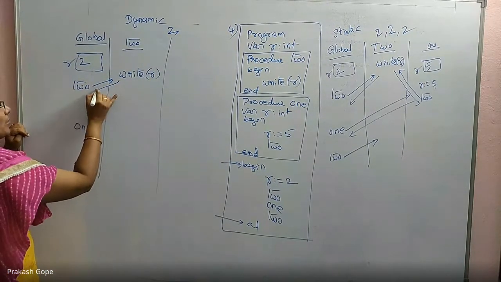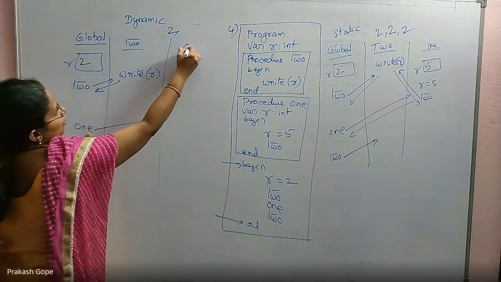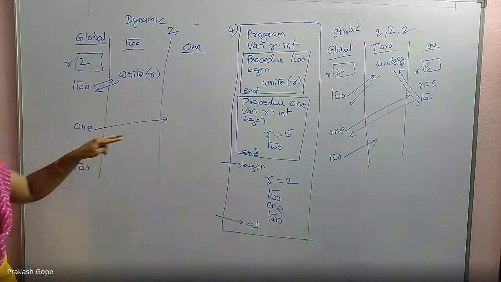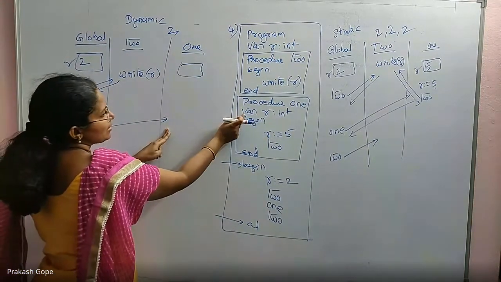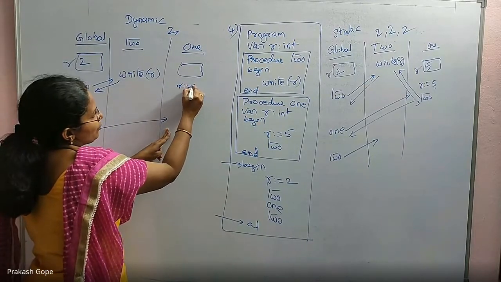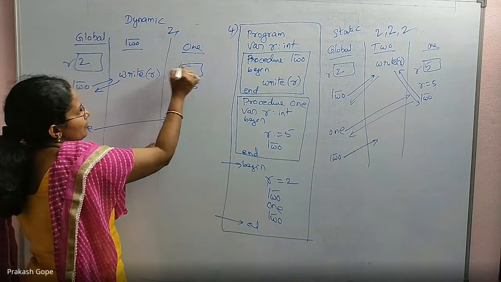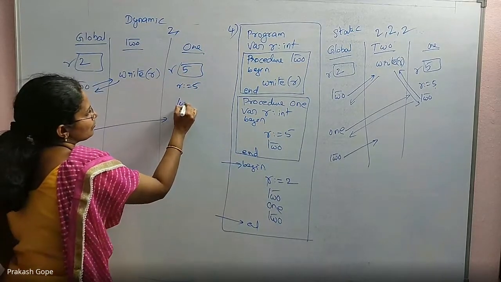Execution completed, come back and continue. Call procedure 1, which has a locally declared variable R. So execute R equal to 5. So local R should be assigned with 5. Call procedure 2.